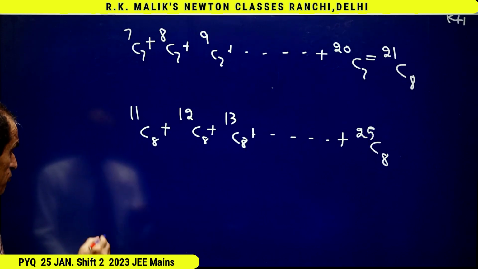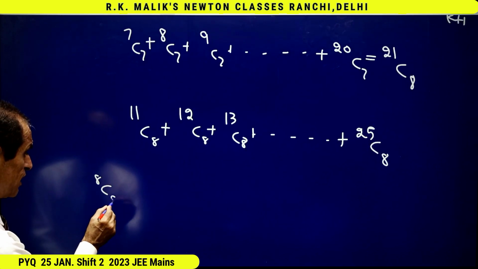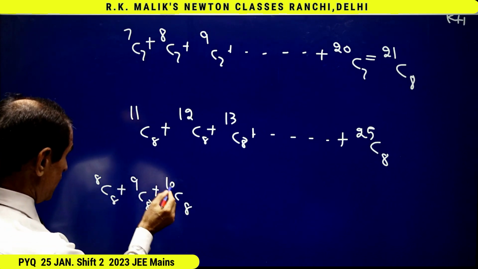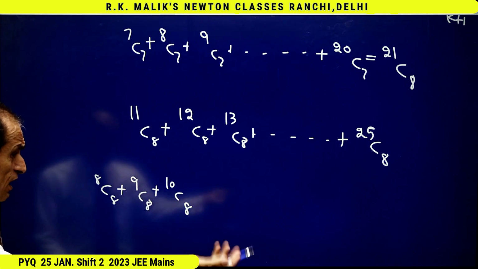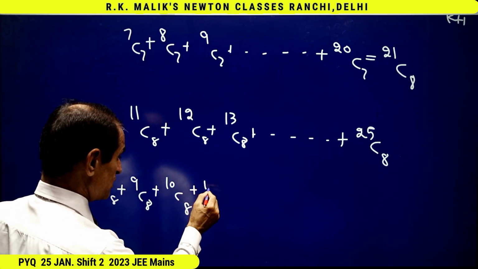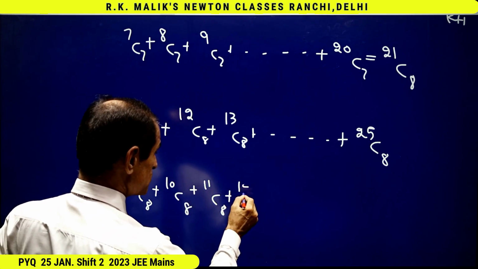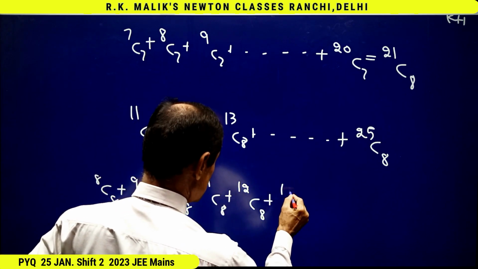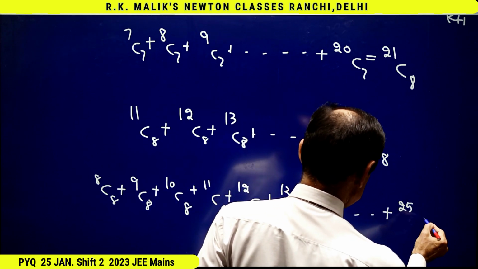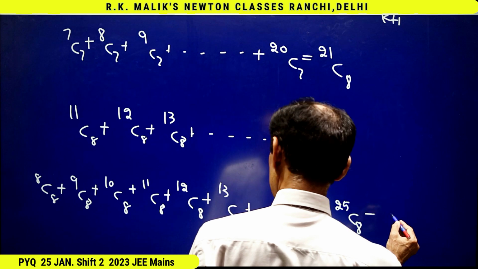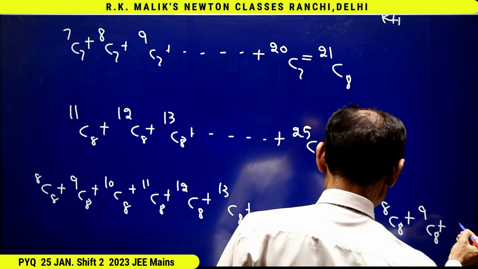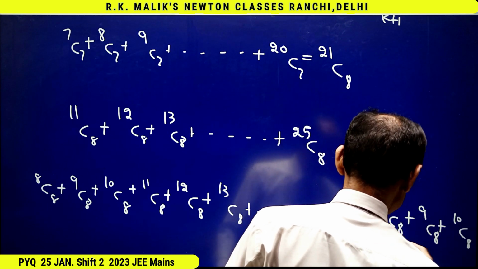Hence, in such a situation, we write it as 8C8 plus 9C8 plus 10C8. I am going to add these three terms and I will subtract them also afterwards. That is plus 11C8 plus 12C8 plus 13C8 up to 25C8 and minus 8C8 plus 9C8 plus 10C8.